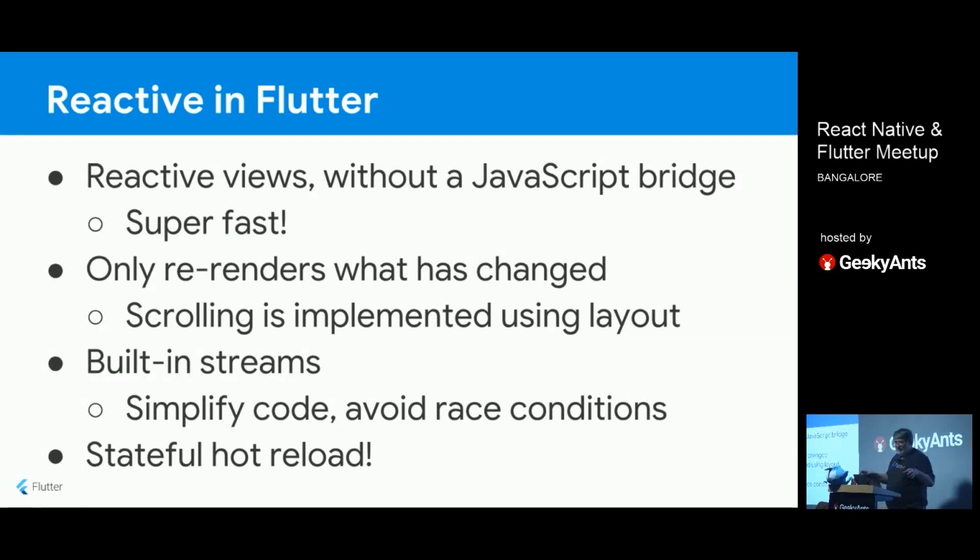Almost all frameworks have special code just for doing scrolling, because scrolling has to be really fast. If you're scrolling, you want it to feel like that screen is attached to your finger. And if it's not, you get kind of seasick, right? So that's really important. In Flutter, scrolling is done by layout.